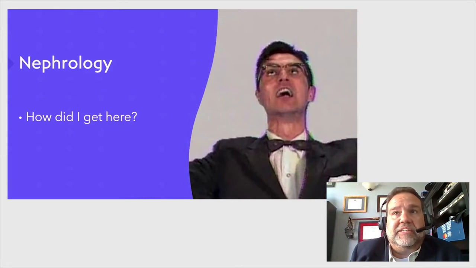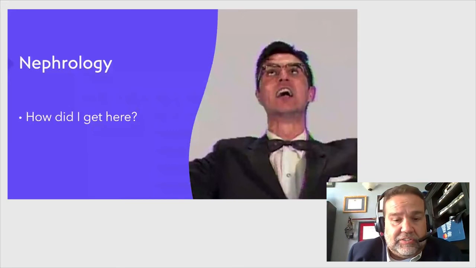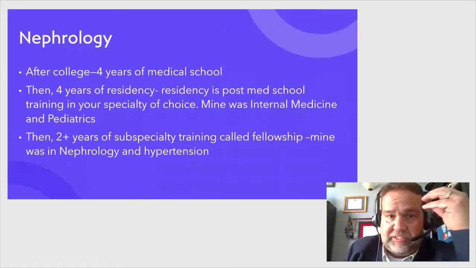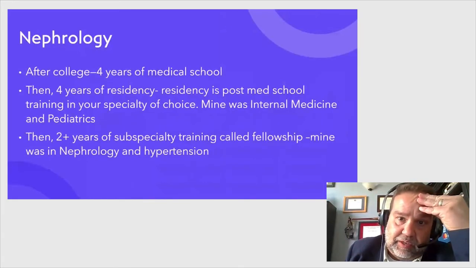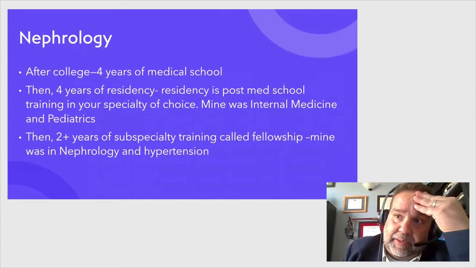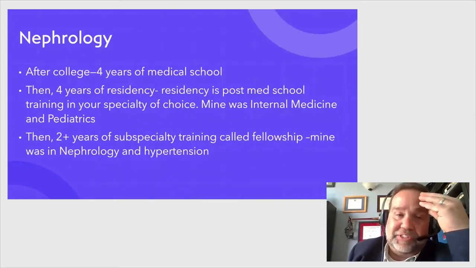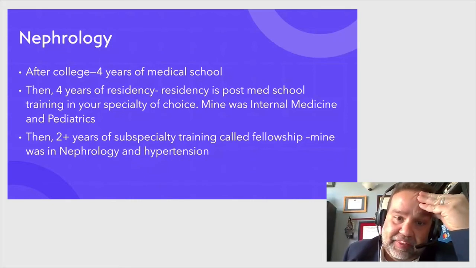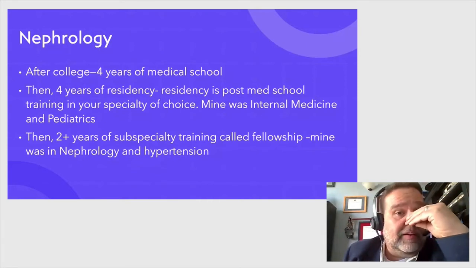So our patients tend to take a little bit of time because nephrology affects so many different organ systems. So a lot of people ask me, why in the world would I have chosen this particular path for medical care? And again, I get this question all the time.